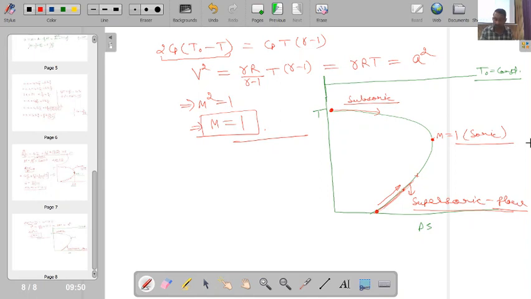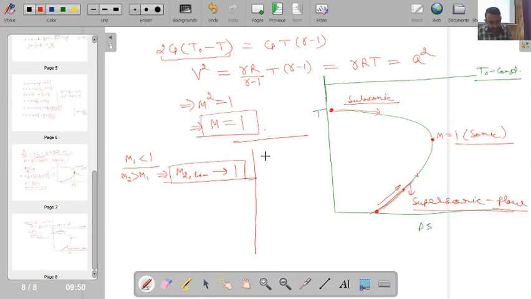So the interesting point is that in subsonic flow you start with Mach number less than 1, and the Mach number M2 increases as you move along the length. The limiting value for M2 is 1; it has to saturate at 1.